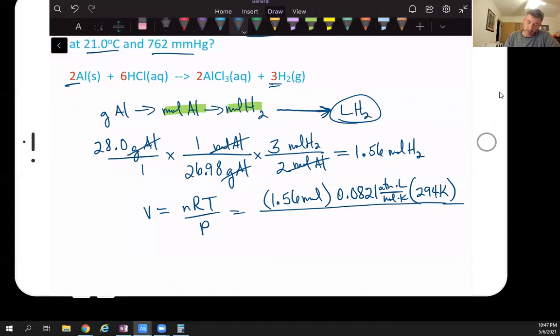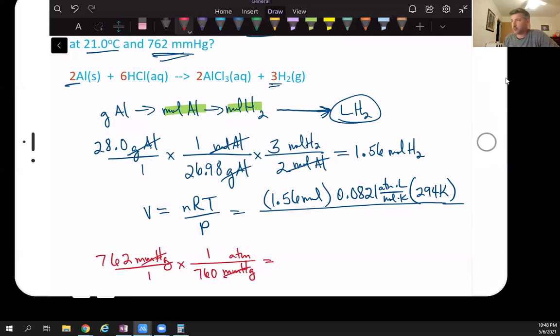And then on the bottom, our pressure up here is in millimeters of mercury. So we're going to do a little side calculation here. So 762 mmHg, we're going to have to take to atmospheres. Okay, and 1 atmosphere is 760 mmHg.